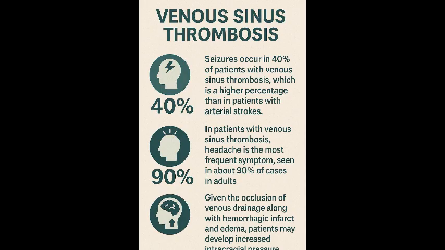Due to the occlusion of the venous drainage alongside hemorrhagic infarct and edema, patients will generally have an increased intracranial pressure. They may also have diplopia, which is caused by the sixth nerve palsy, and this is non-specific, has non-localizing value, and may be a manifestation of an increased ICP.